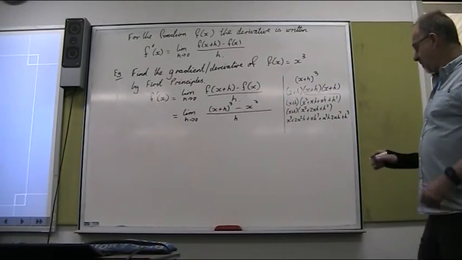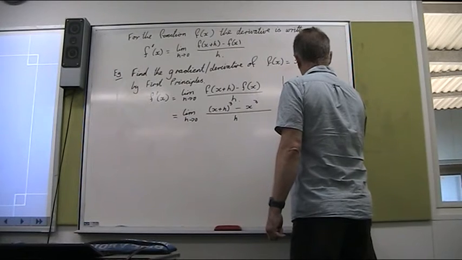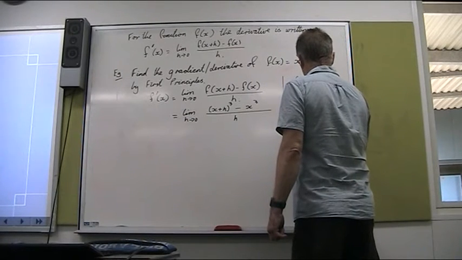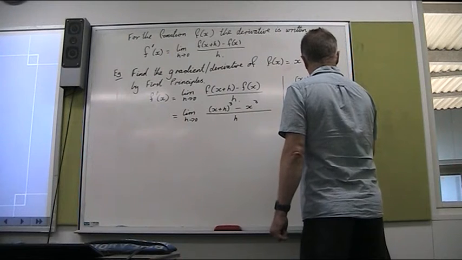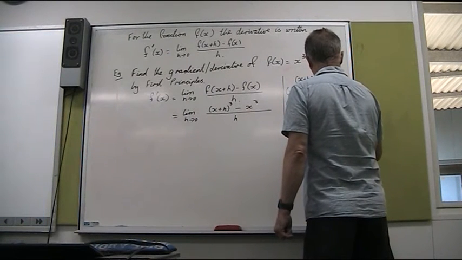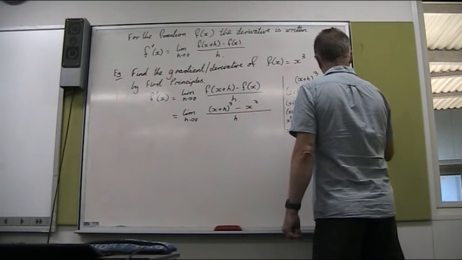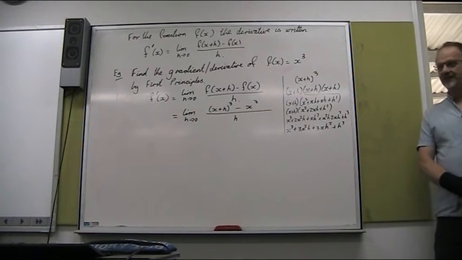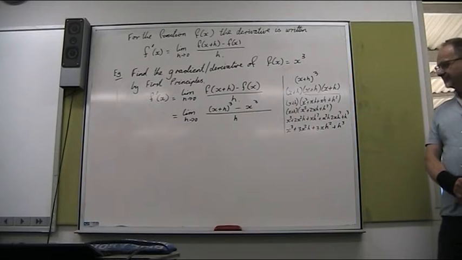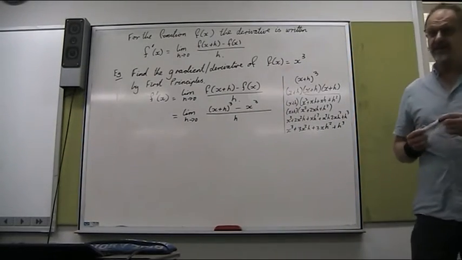And then, when I collect my like terms together, I get x cubed plus 3x squared h plus 3xh squared plus h cubed. All right. I'll give you a second there to get that down.